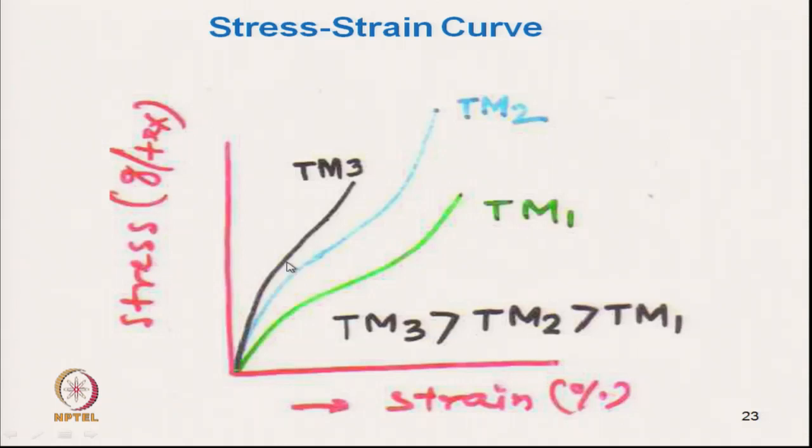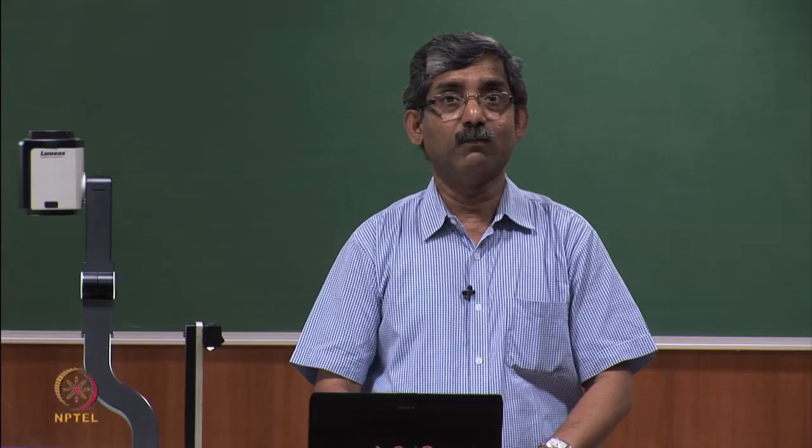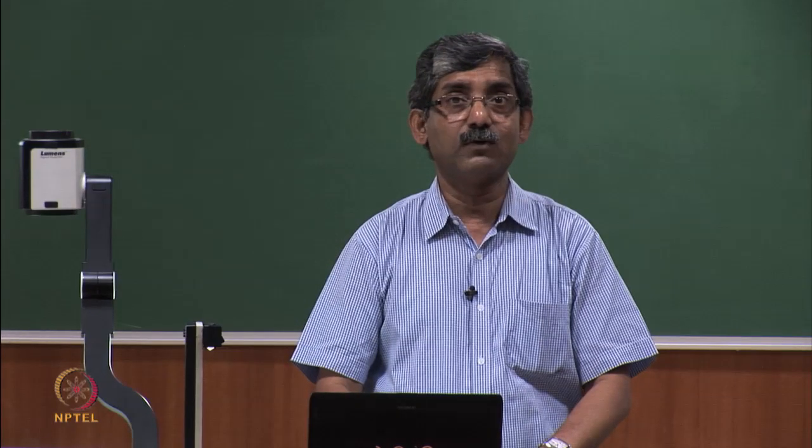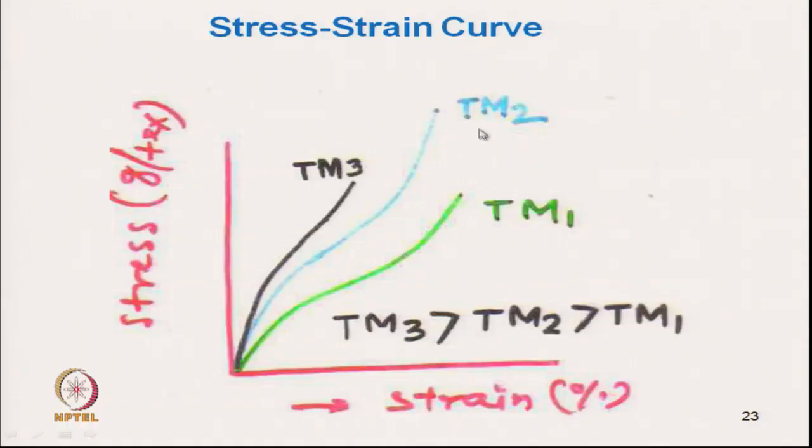But as the twist increases, initially the strength increases, due to the increase in frictional contact. But beyond a certain point, when we move beyond TM2 to TM3, what happens?